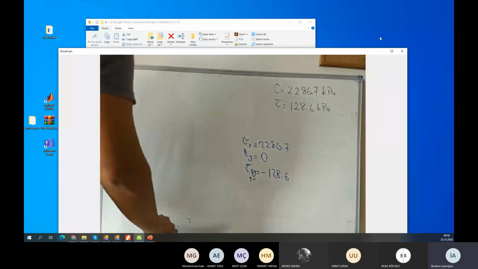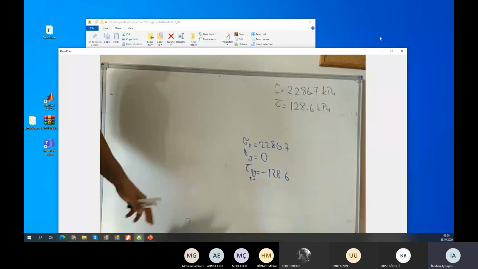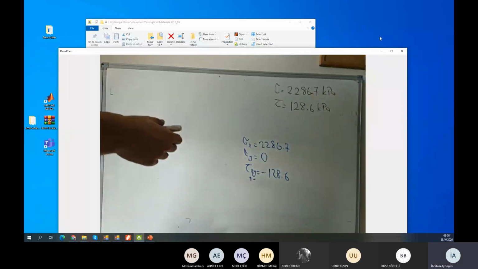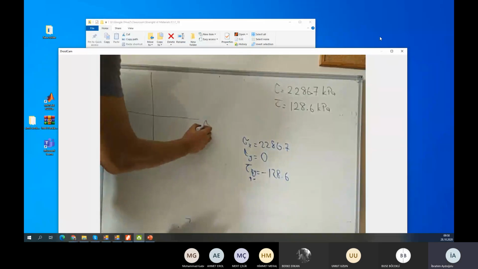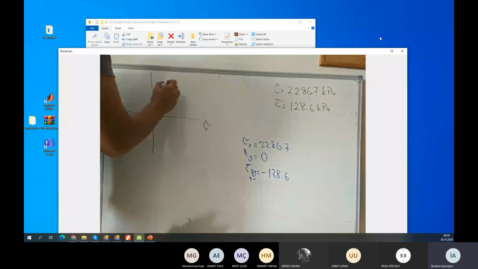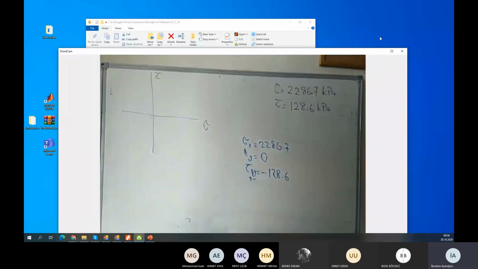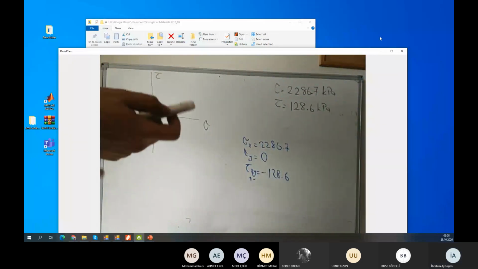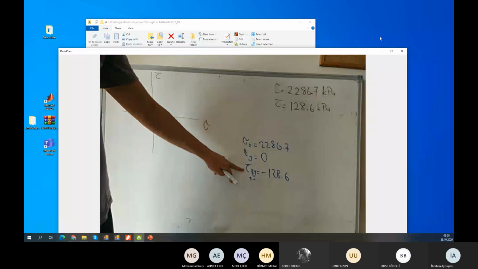Okay. On Mohr's circle, I need to pick 2 points. First of all, I need to draw the sigma tau coordinate system. Okay, I need to pick 2 points. First point is sigma x, negative tau xy.